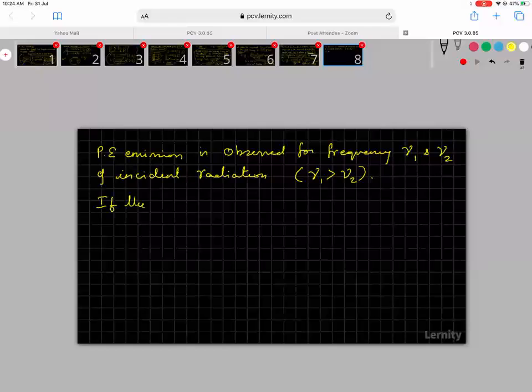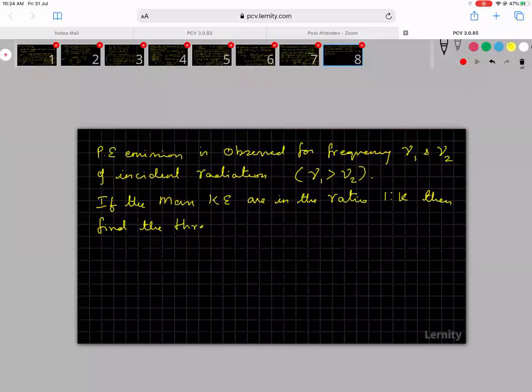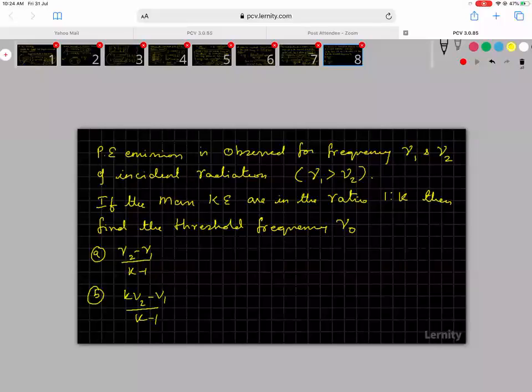If the maximum KEs are in the ratio 1:k, then find the threshold frequency. Option A, option B, option C, option D.